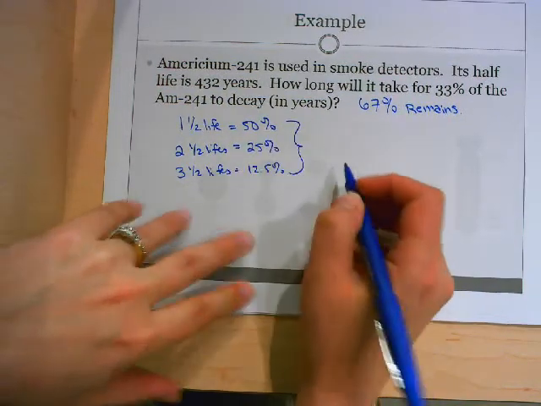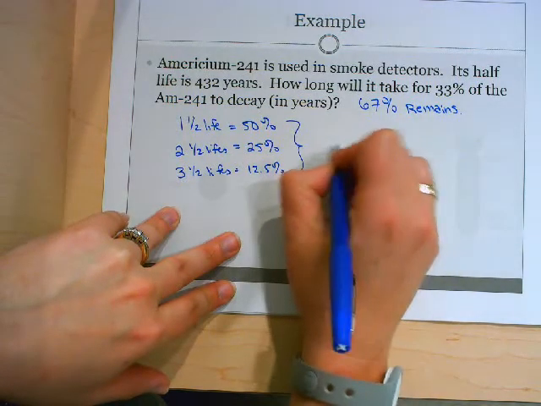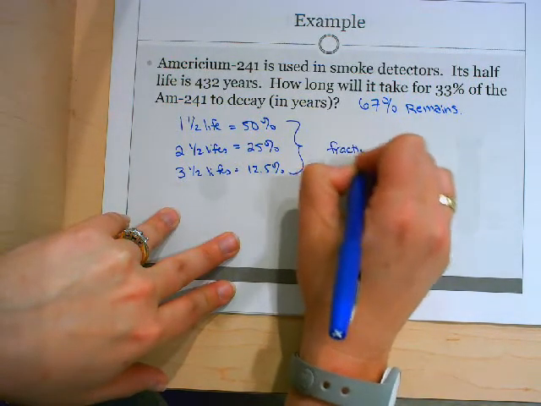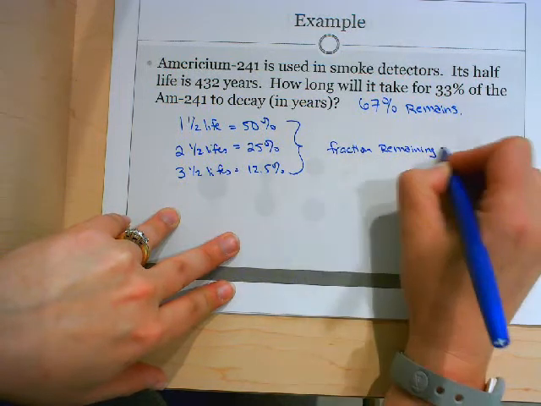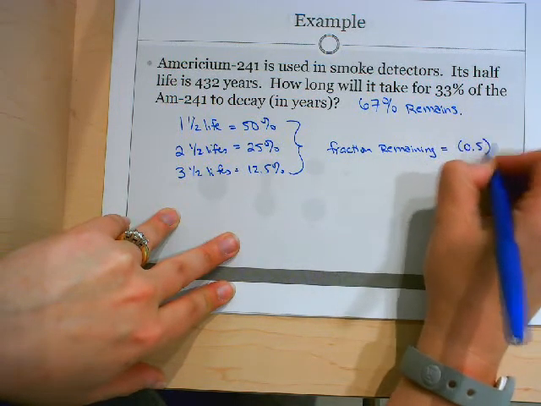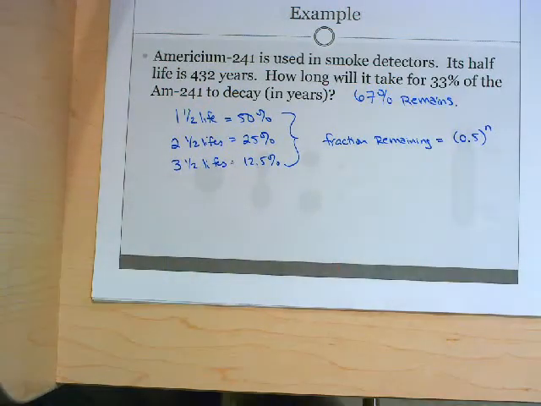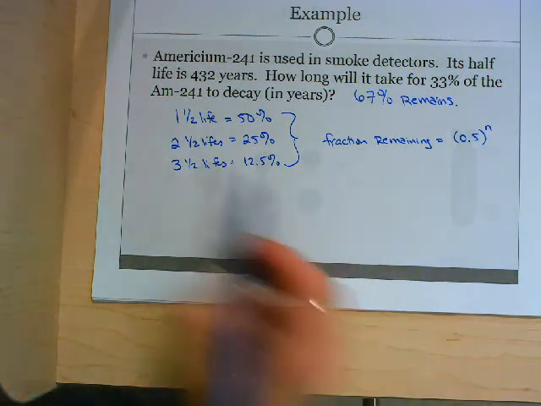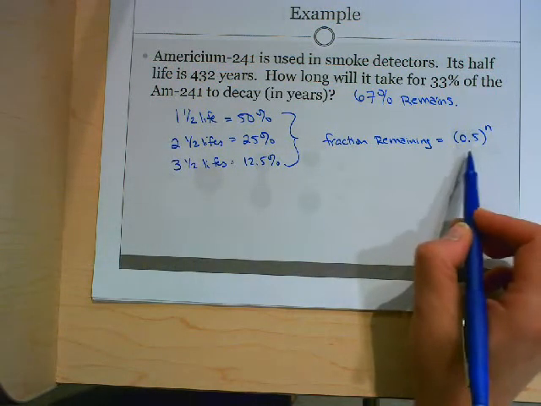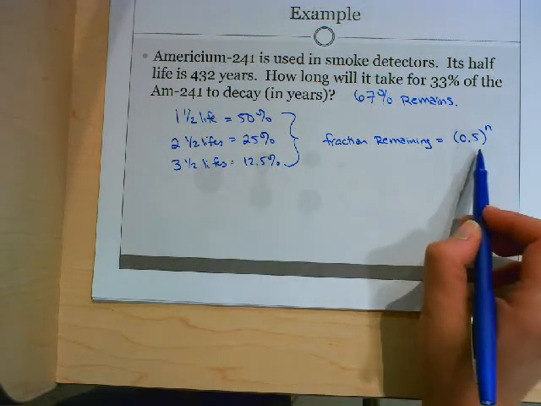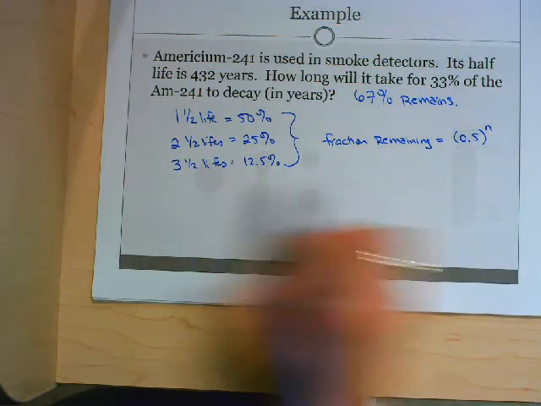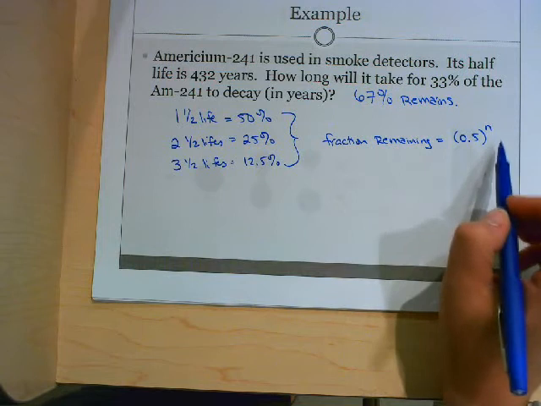They are related through this 0.5 to the n. So if I have 1 half-life, it's 0.5 to the 1. If I have 2 half-lives, it's 0.5 to the 2. If I have 3 half-lives, it's 0.5 to the 3.